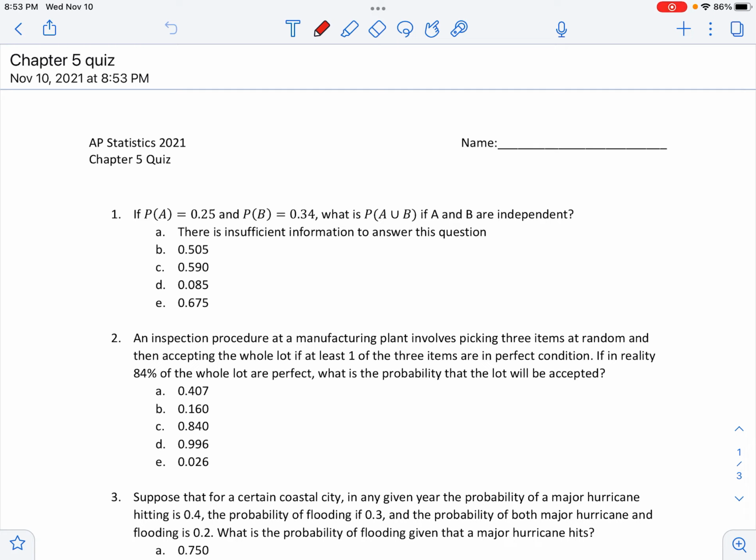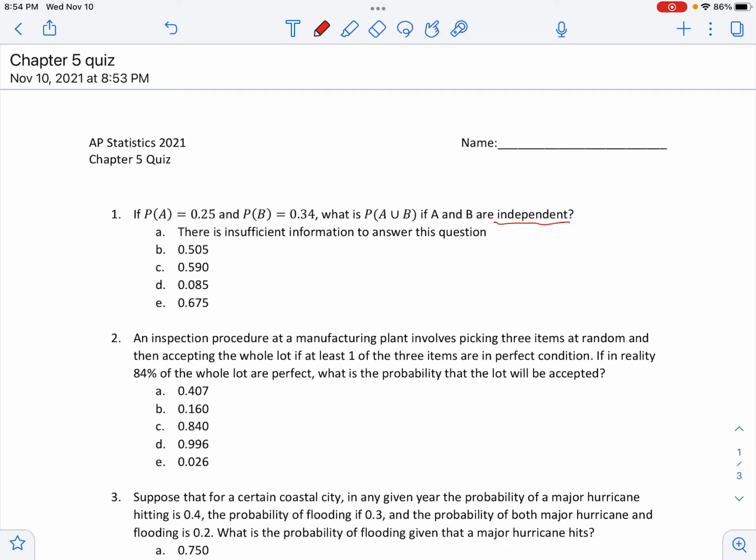So question 1 says that probability of A is 0.25 and probability of B is 0.34. What is the probability of A union B if A and B are independent? And so that's kind of a key point here, that the two are independent. Because we know if they're independent, that means they don't share any outcomes.